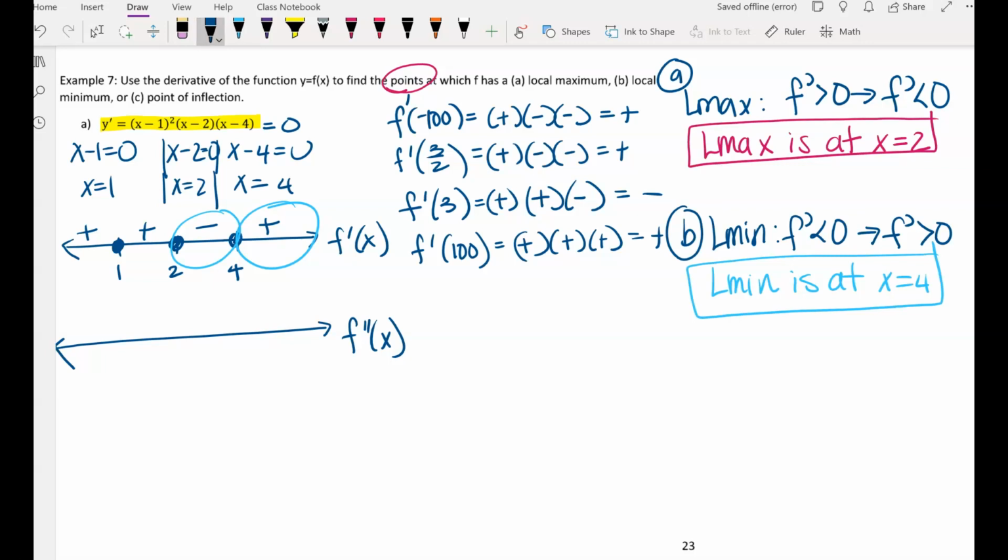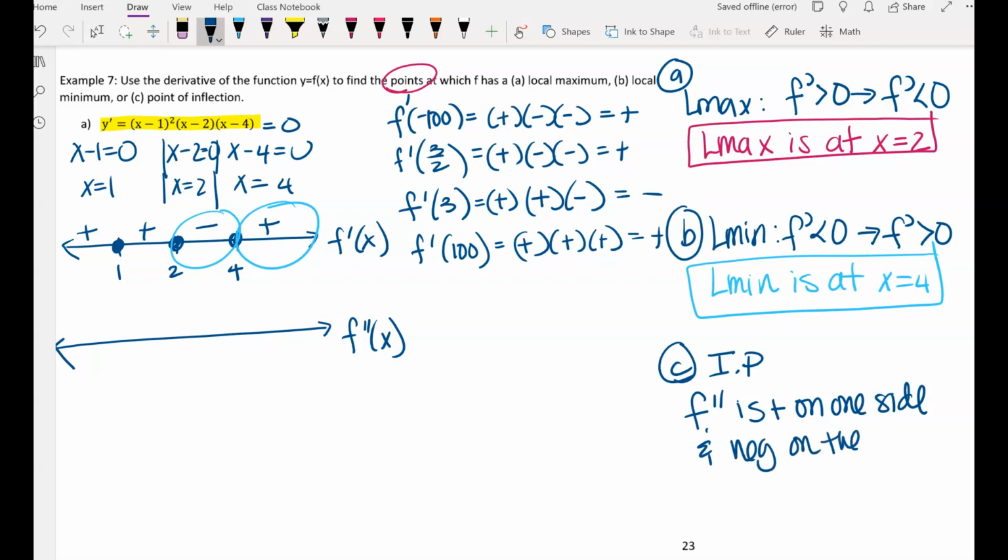Now the third question here is looking for inflection point, students. So IP, the inflection point, we want double derivative, okay? Inflection point is when double derivative is positive on one side and negative on the other, or vice versa.